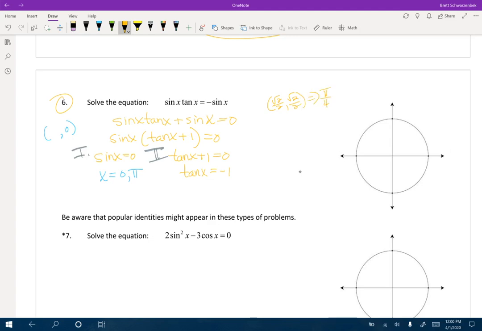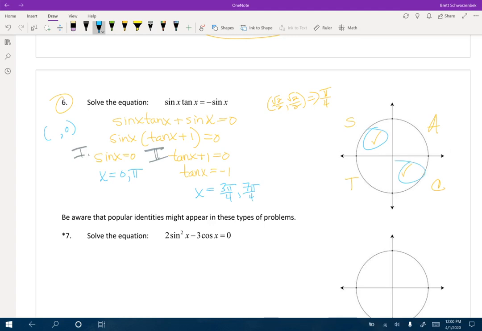But we want to know where tangent is negative. So it's positive in 1 and 3, which means it's negative in 2 and 4. So what are the pi over 4 families there? They are at 3 pi over 4 and 7 pi over 4, which are here and here.